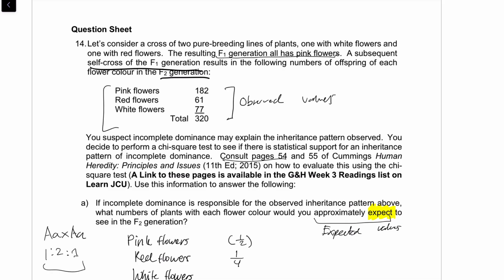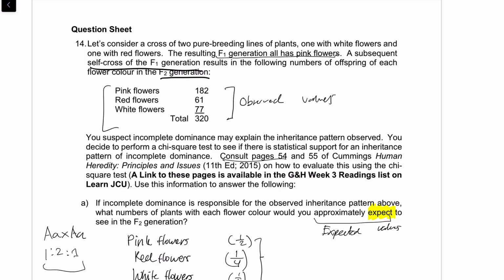And then 1/4 will be completely homozygous for red, and 1/4 will be completely homozygous for white. Okay, so we know that's true because these proportions add up to a value of 1.